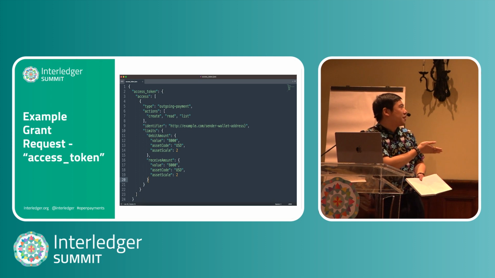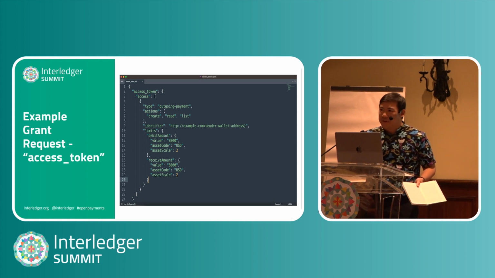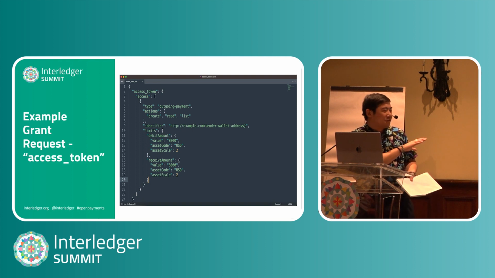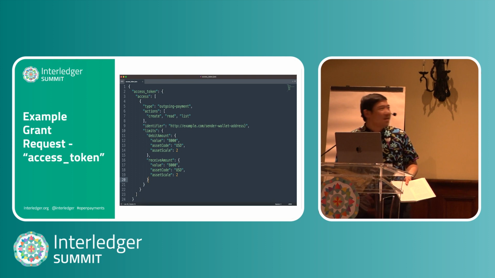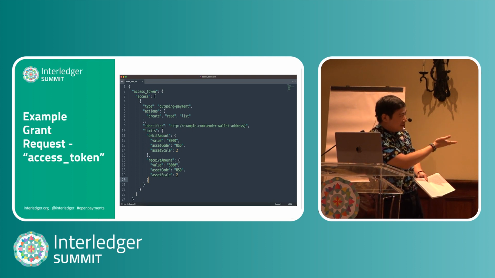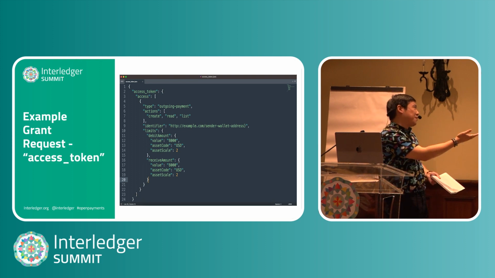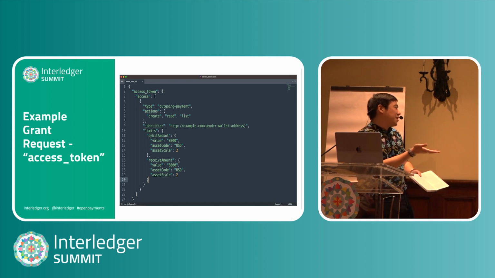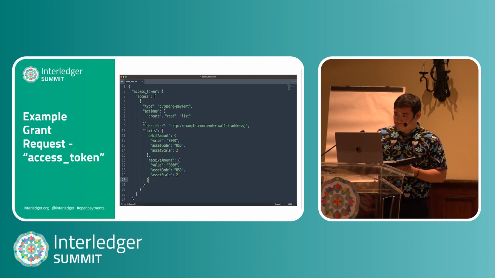So this is an example where GNAP is more useful than OAuth, because you can do this in OAuth, but it'd get tricky, but in GNAP we can just delineate them in a way that fits us. For a payment, we can describe how much we want to debit the wallet address by and what currency we should use.